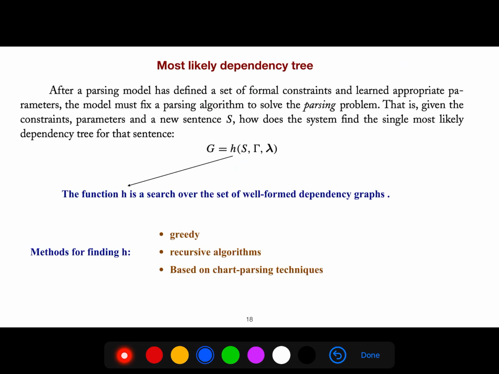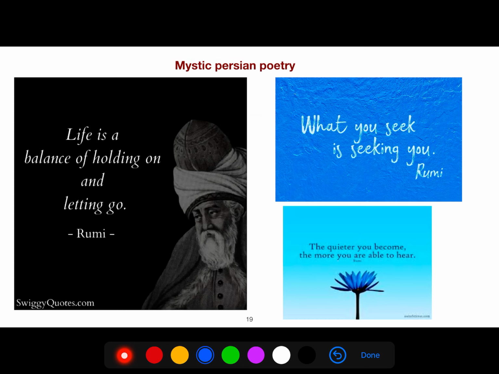The most likely dependency tree, the function h, is searched over the set of all dependency graphs, and we do it by some neural network or classification methods in the transition-based method. Methods for finding h can be greedy, like the transition-based one. It could be recursive, like dynamic programming approaches. In graph-based parsing it is a little bit recursive, based on chart parsing techniques.